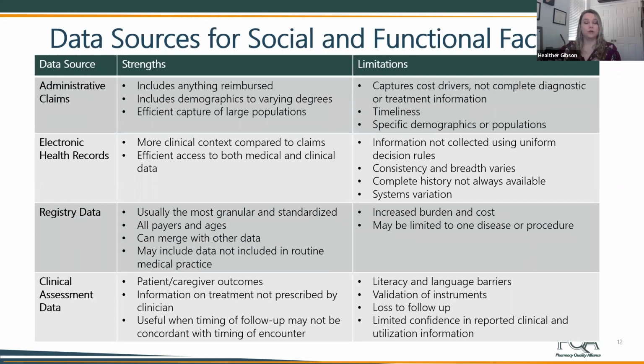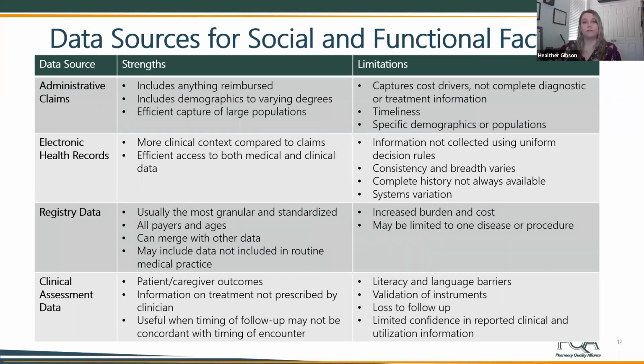And so going deeper into the data aspect of risk adjustment, there are a variety of data sources that you can use to capture social and functional factors, such as administrative claims. Now, each of these are going to have their strengths as well as limitations, but at a high level, the administrative claims are the most widely used, or at least thought about, data source when thinking in the context of quality measures.